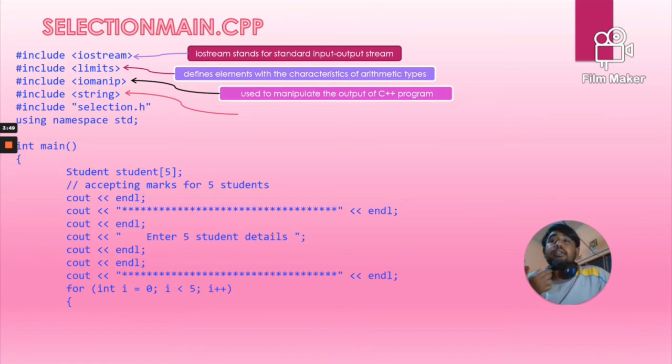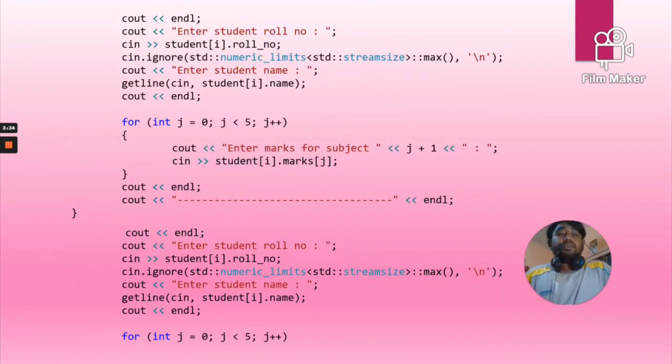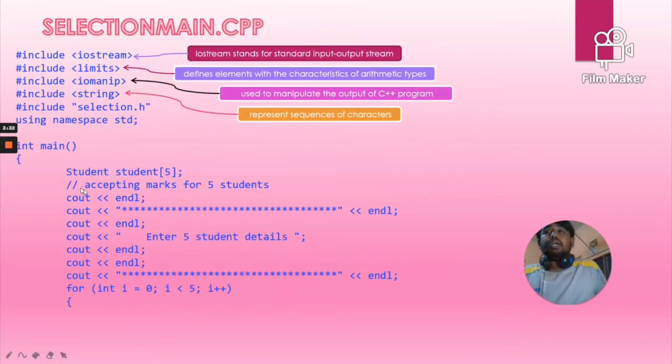Then include string. Include string represents a sequence of characters, that is objects in our coding. Then we use include selection.h because we bring some of the coding from our header file, which is selection.h.